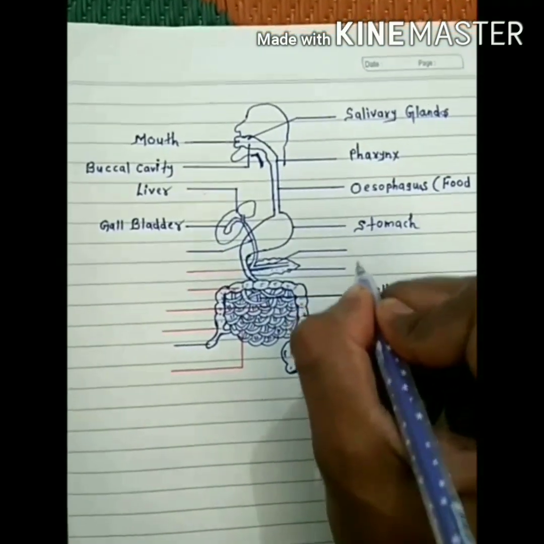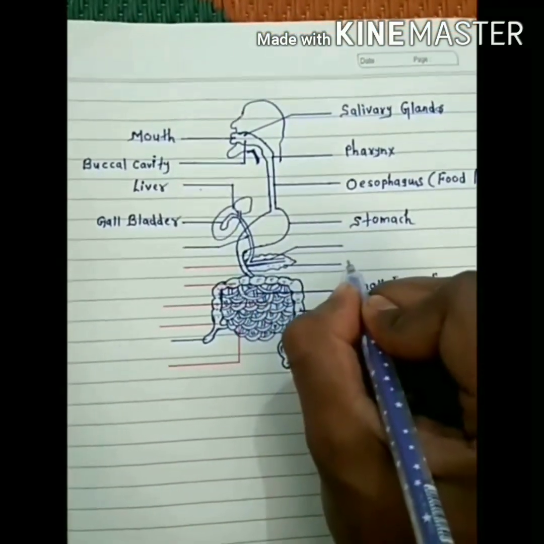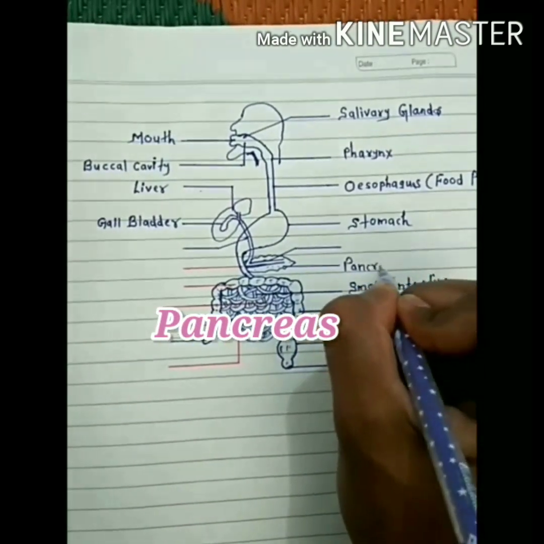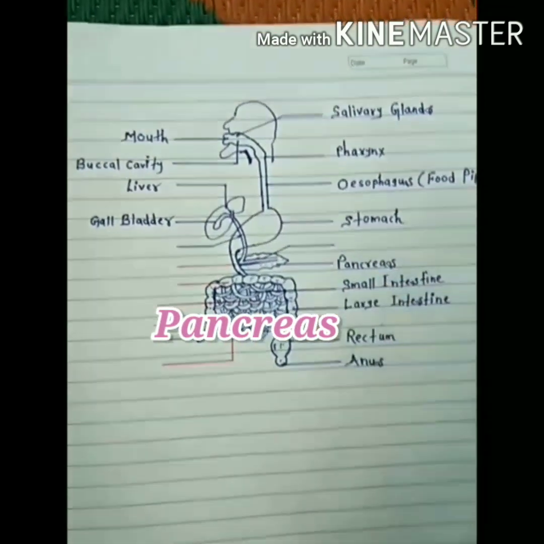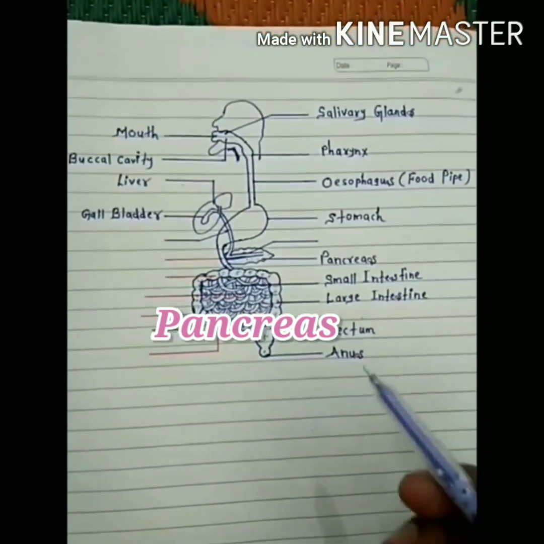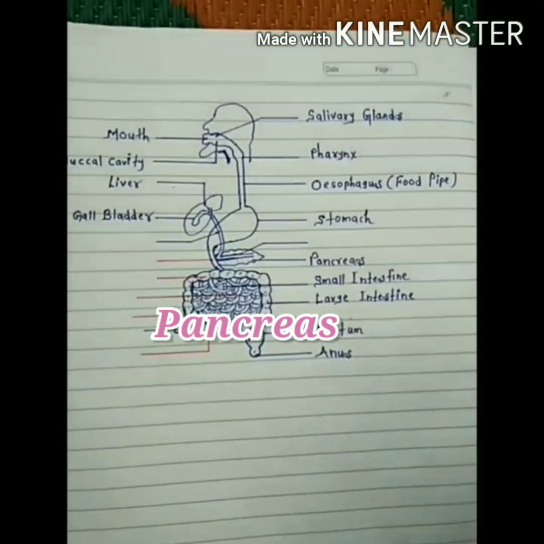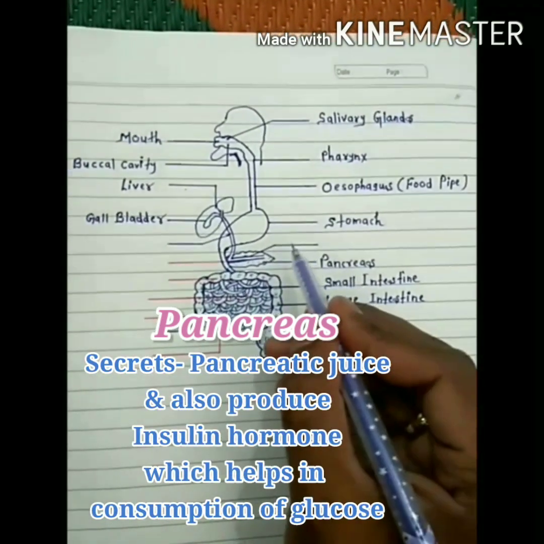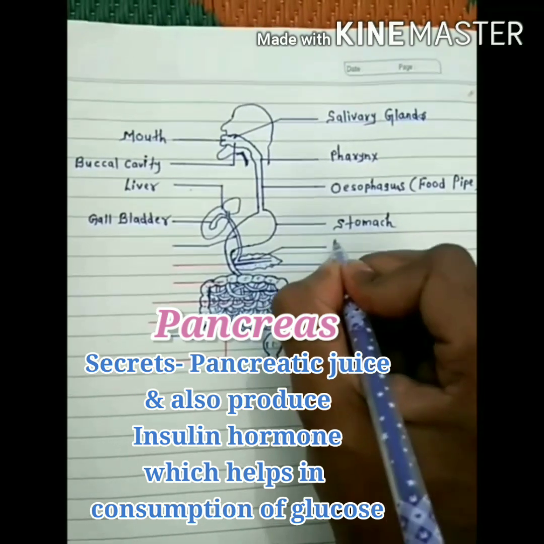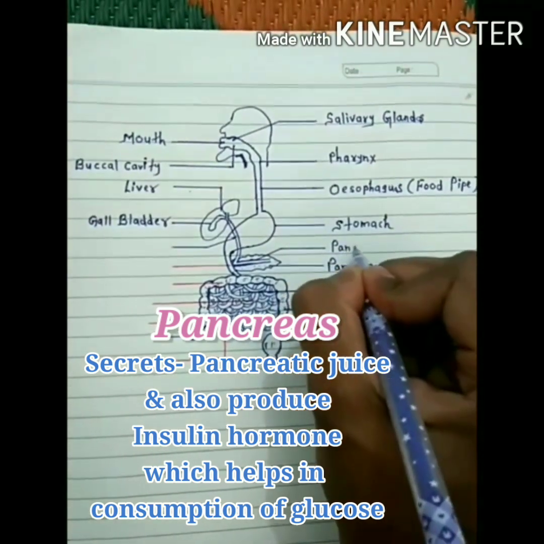So as we have written liver, gallbladder, we also write pancreas. It is the next gland which is very helpful in digestion process. It secretes some enzymes which help in digestion, as well as it secretes insulin hormone which is helpful in the consumption of glucose in the blood.